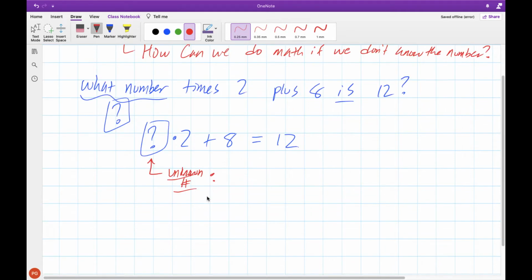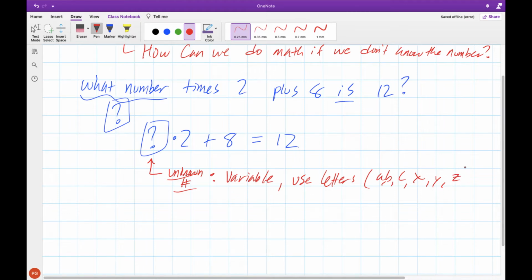When we have this unknown number, what we use to represent this is called a variable. And this variable is kind of just like a placeholder, like this question mark, for the number that we're trying to figure out. And oftentimes, instead of numbers for our variables, we use letters. So we could use letters like A, B, or C, or X, or Y, or Z, or any other letters that you like.